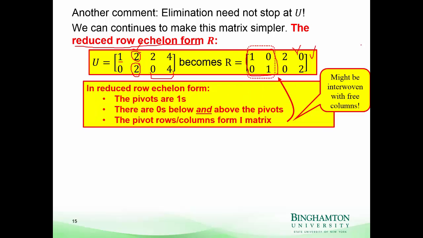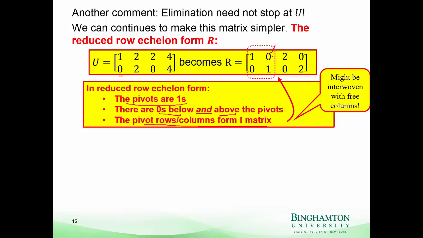And so when you do reduced row echelon form, this is what you get. So all your pivots are 1s. There's zeros below, which we had over here in the regular reduced form, but also above. So we get them up here as well. And the pivot rows and columns form an I matrix.